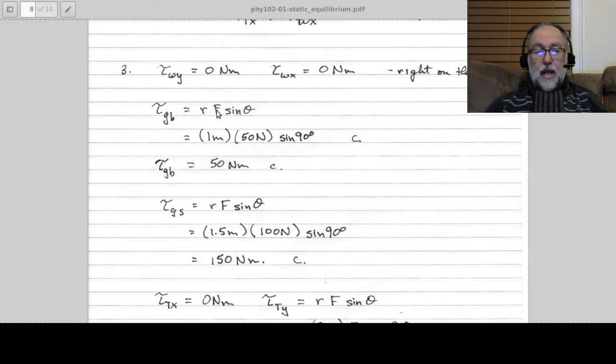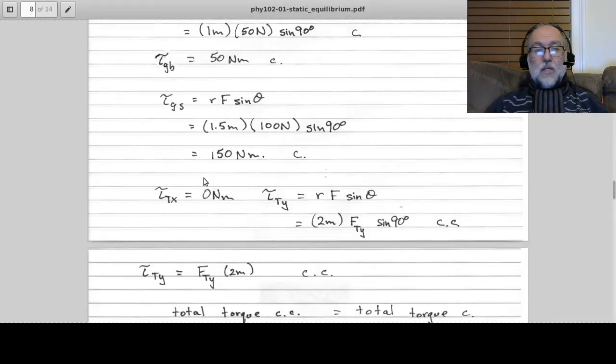Remember that. And the bar weighed 50 newtons, so there it is. The angle there was 90 degrees, and that force wants to turn the bar clockwise, so it's a clockwise torque. So the torque due to the force of gravity on the bar is 50 newton meters clockwise.